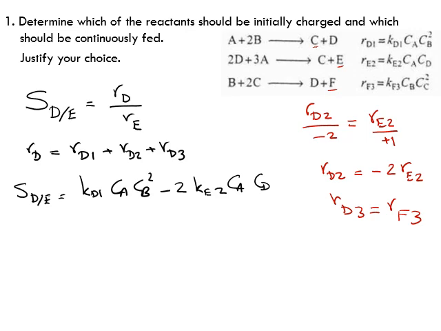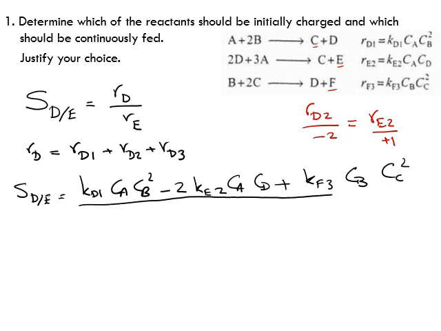And RF3 equals, well, I guess we need to erase this in order to be able to write the rest. So that is plus KF3 CB times CC squared. Right, this is divided over RE, and we know that E is involved only in reaction 2, right?